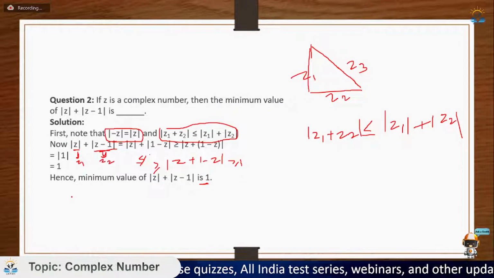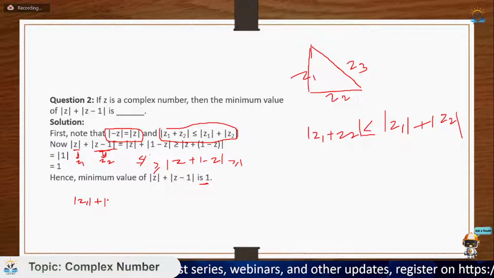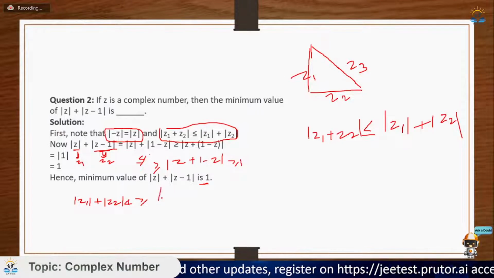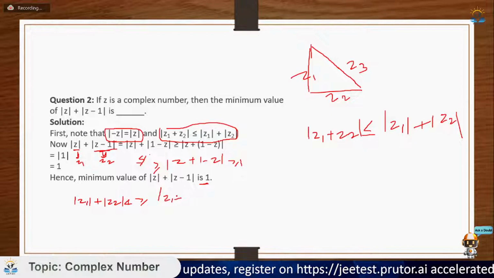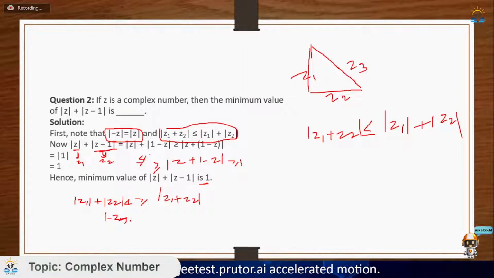So I took mod of z1 plus mod of z2, which is greater than or equal to mod of z1 plus z2. But I know that mod of z2 is equal to mod of minus z2, so I replace it with the negative. So this thing will also be true.